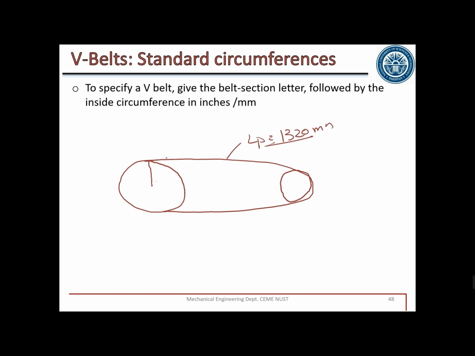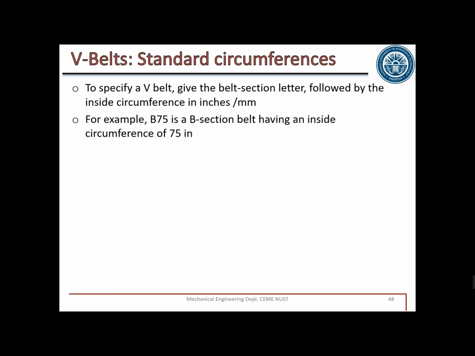For the calculation, the force will act through this line. So that's how we calculate the equivalent length of the belt, or pitch length of the belt, represented by LP.